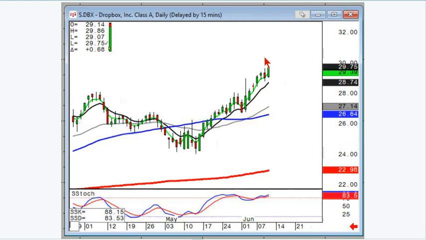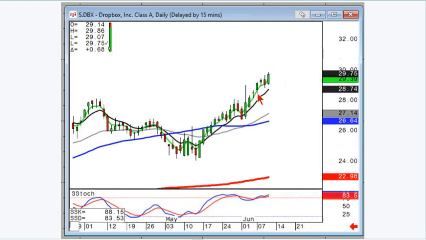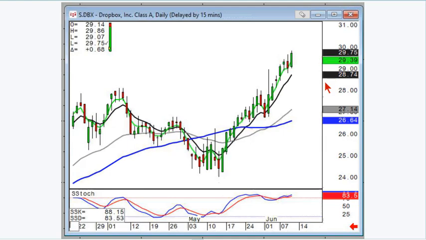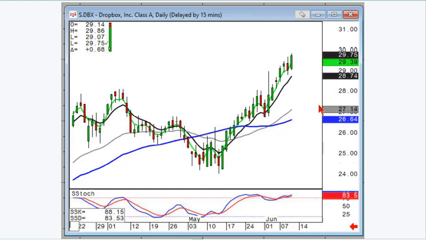I thought it showed sell signals yesterday. Well, you did. So you had your stochastic still heading up. You had a bearish engulfing signal and a close right here on the 3T line. So what would have been your strategy today?